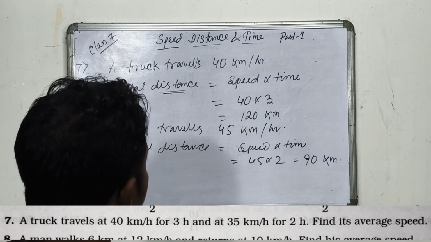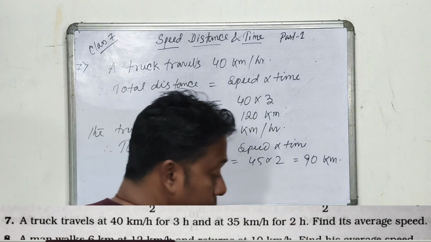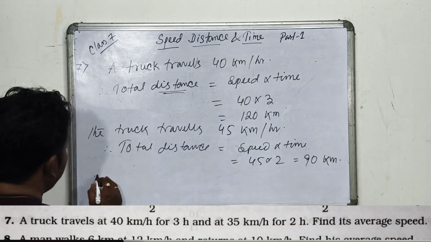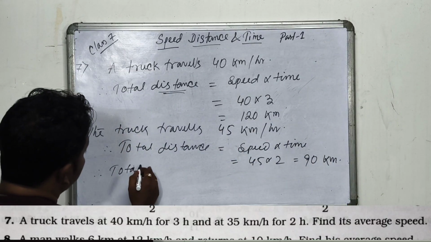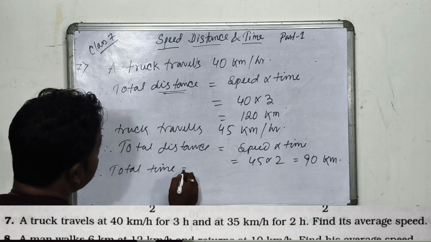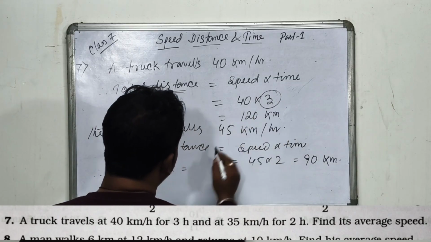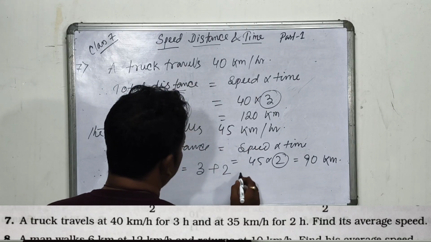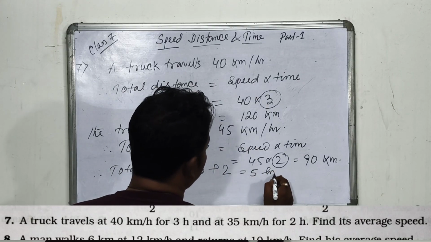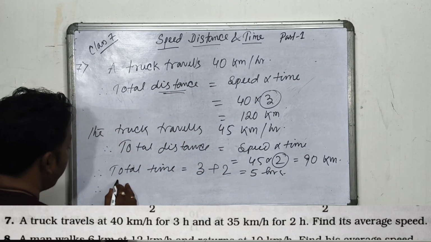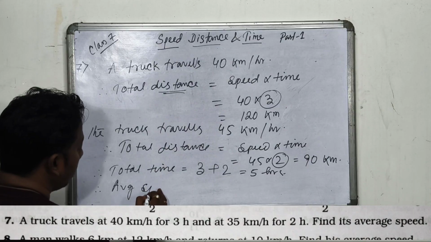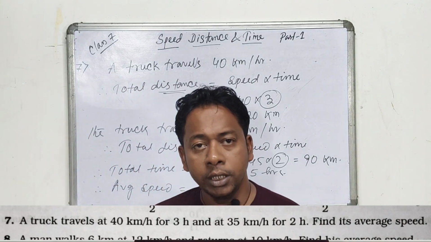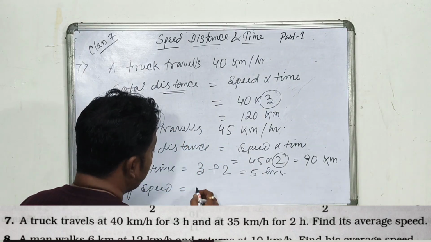Therefore, to find the average speed, first total time: the truck took 3 hours first and 2 hours second, that is 5 hours. Therefore average speed, again the formula, average speed is total distance by total time.